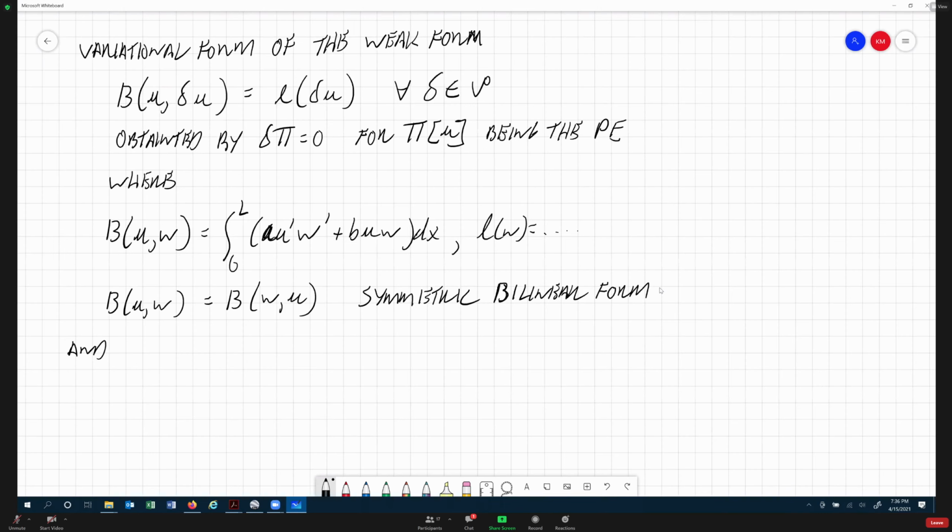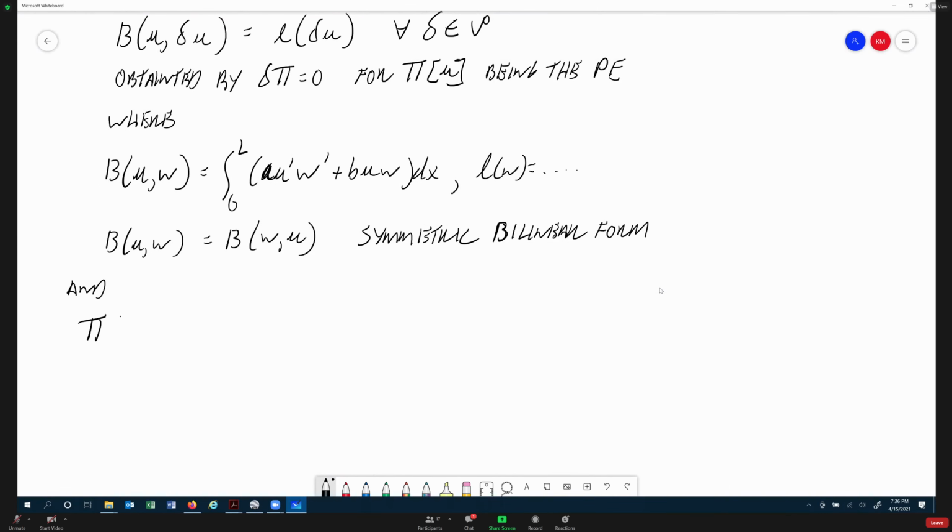And our variation of u is equal to 1/2 B(u, u). Make sure I have this consistent.